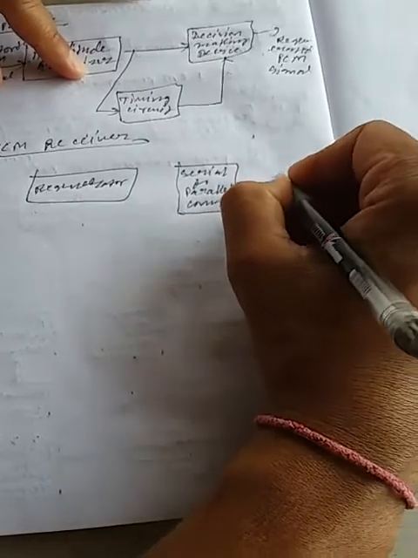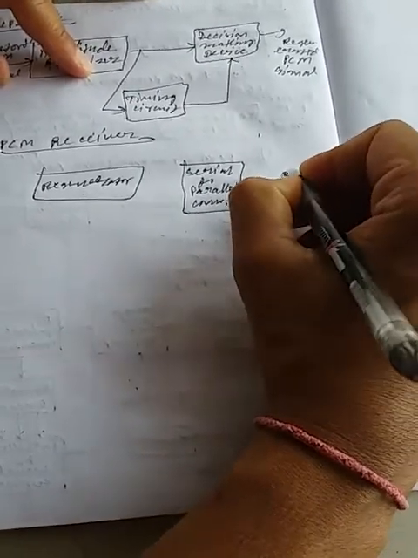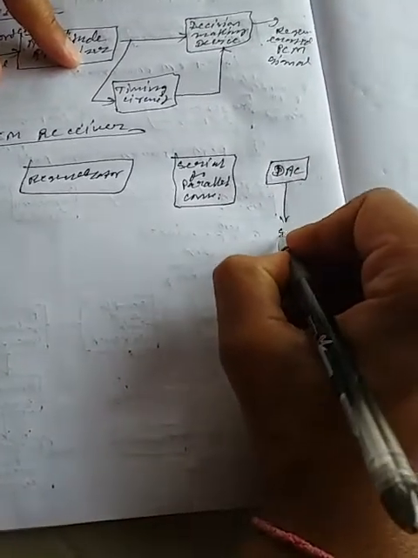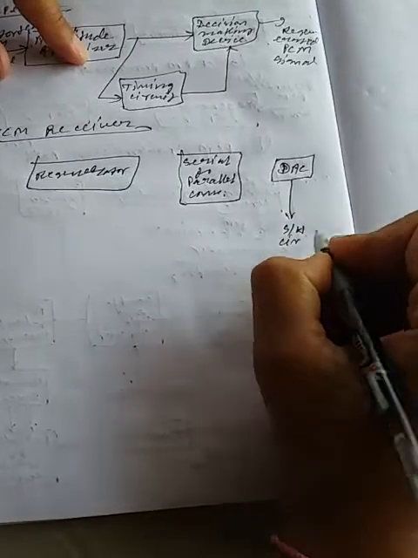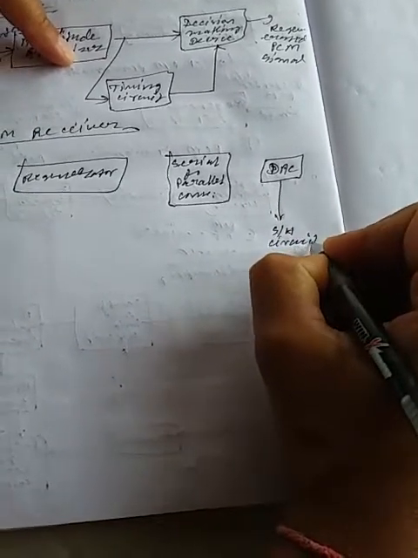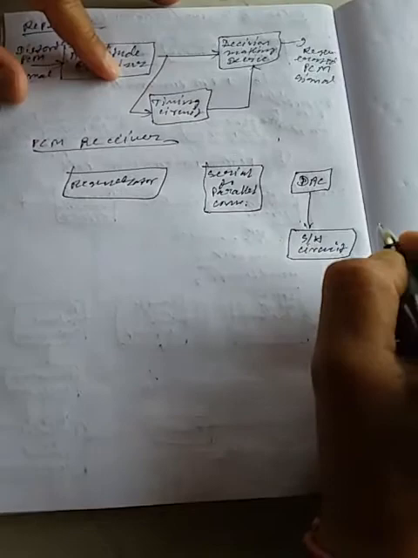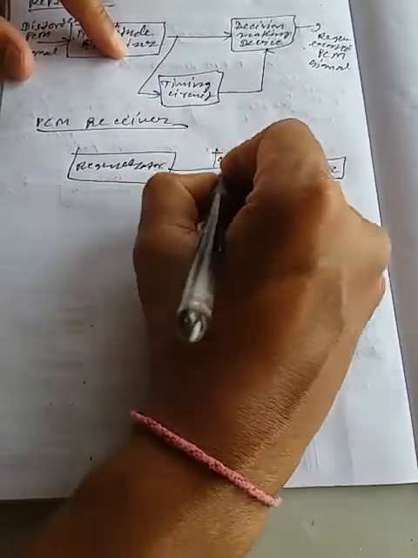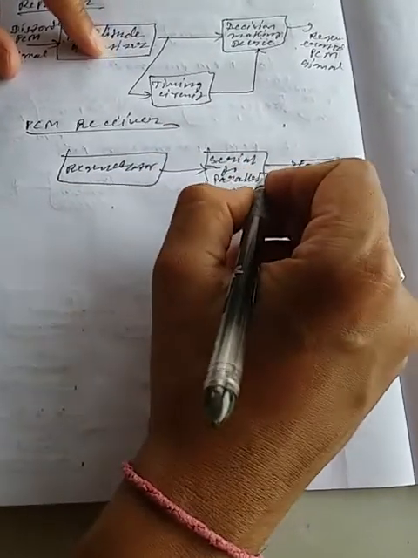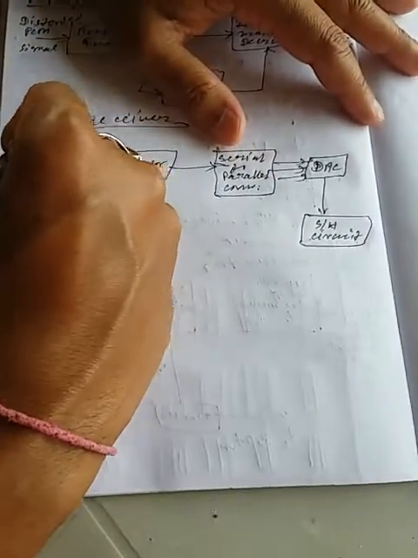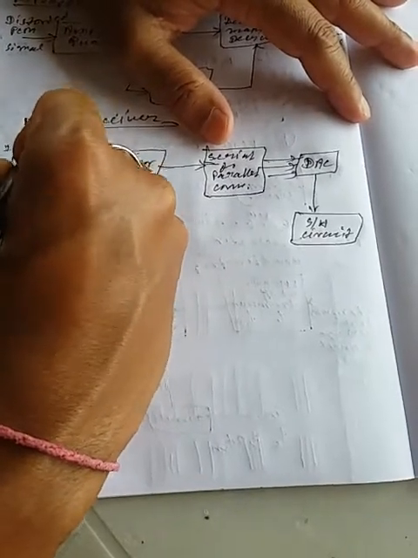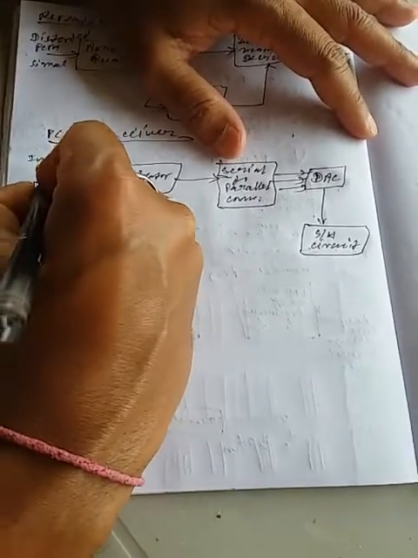After that a DAC is there, digital to analog converter. After that sample and hold circuit. Okay, so the output of the regenerator goes to the serial to parallel converter. This is the incoming PCM signal as the input, PCM plus noise obviously.